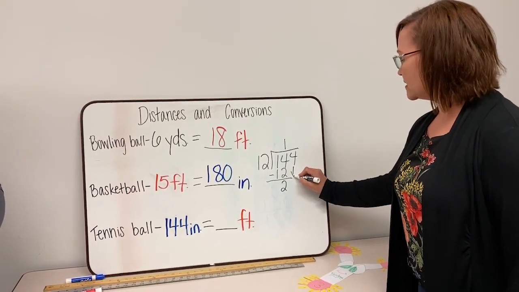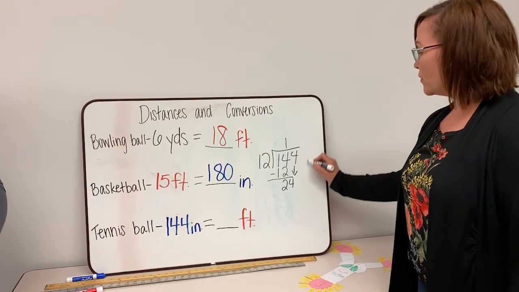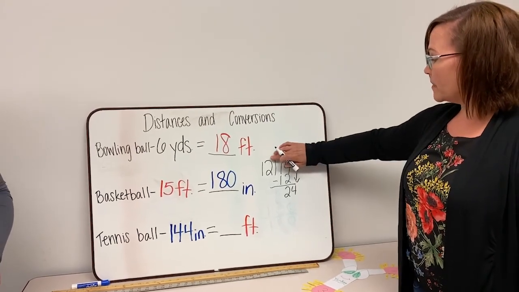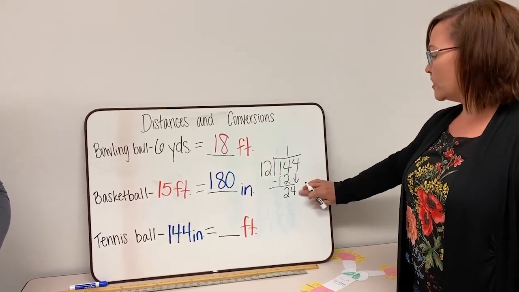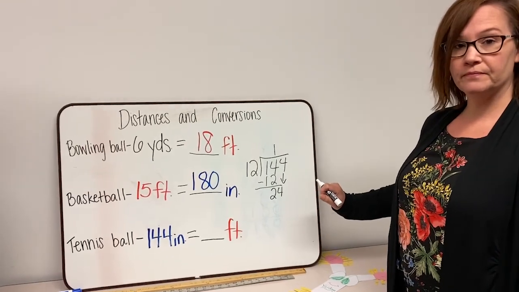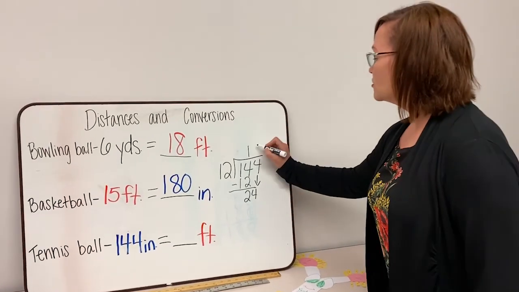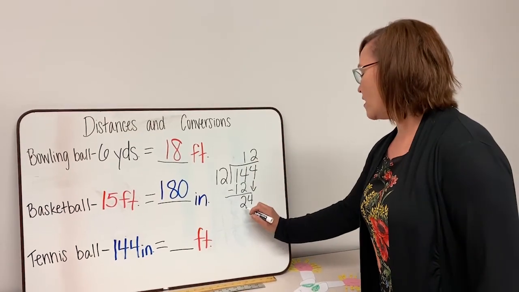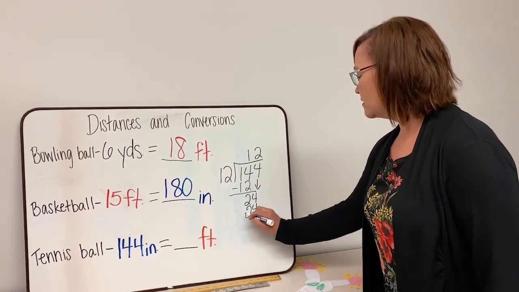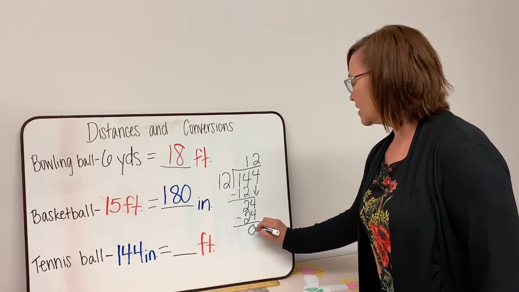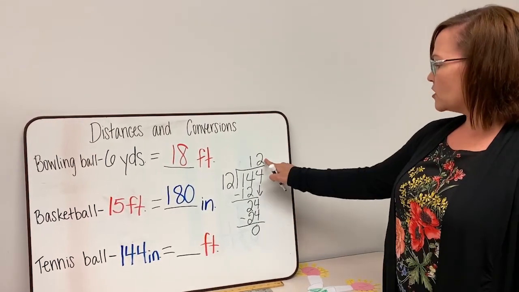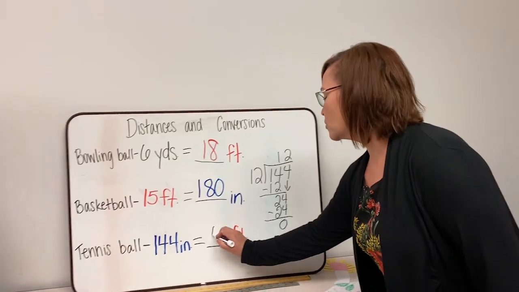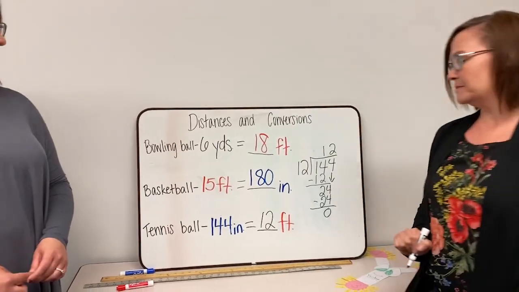You bring it on down and bring it on back. How many times does 12 go into 24? That's right, 2 times. 2 times 12 is 24. Subtract it out. There's no remainder, so our answer is 12 feet.